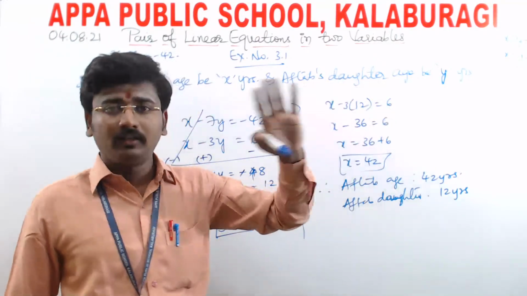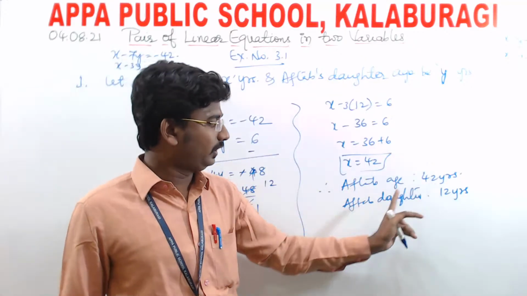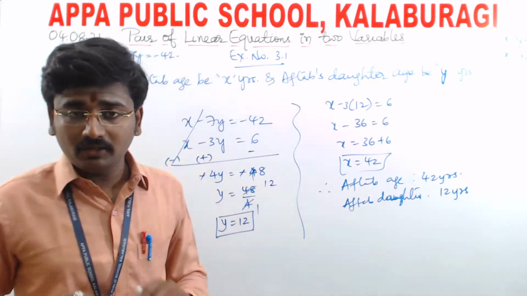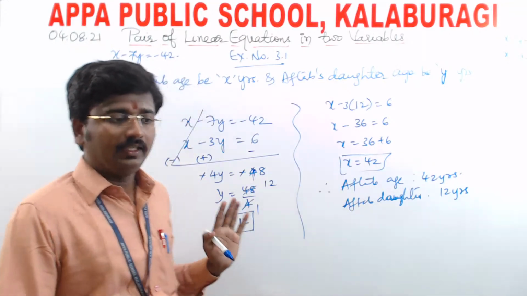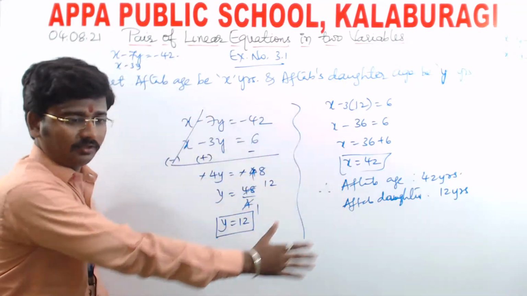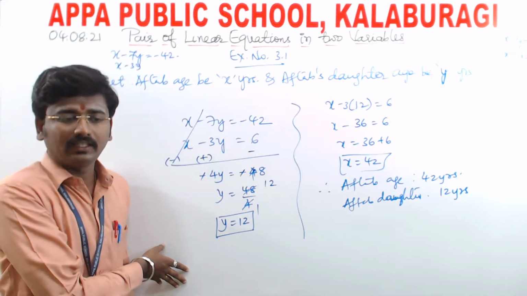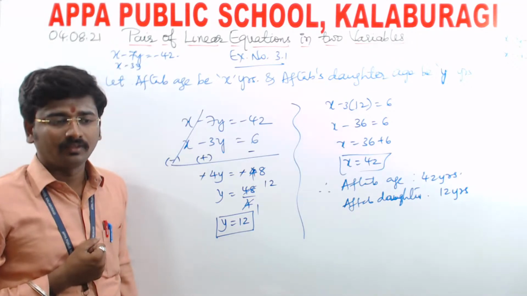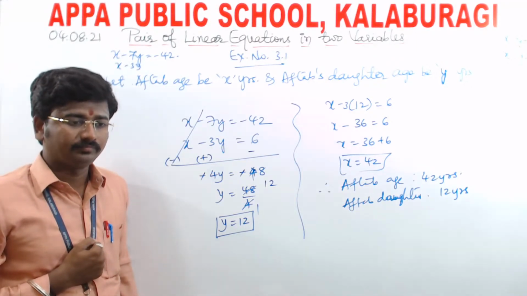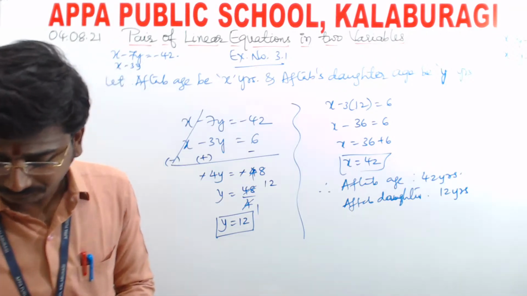Now please fix in your mind, Aftab's age is 42, daughter's age is 12. When I draw the graph, I should get these values. Clear, everyone? If you want a quick look at this elimination method, then I will go for the graphical solution. Be ready with the graph sheets. Yes, shall I proceed? Okay, right.